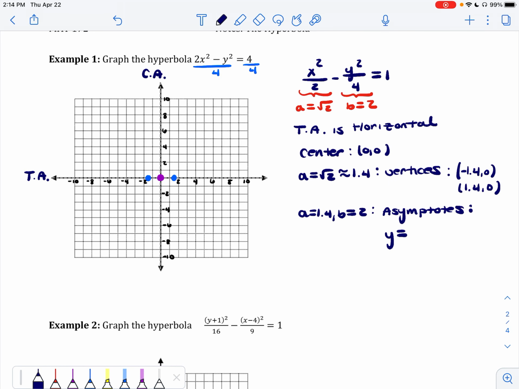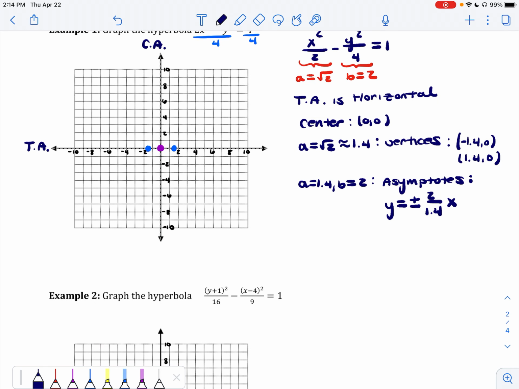It's equal to plus or minus, okay, and we're using b divided by a on this one because b is under y and a is under x, so plus or minus 2 divided by 1.4 times x, okay? Or if you want to simplify that a little bit, our y would be equal to plus or minus 2 divided by 1.4, which is about 1.4. So y is equal to plus or minus 1.4x. Okay, so these are the equations of our slant asymptotes.